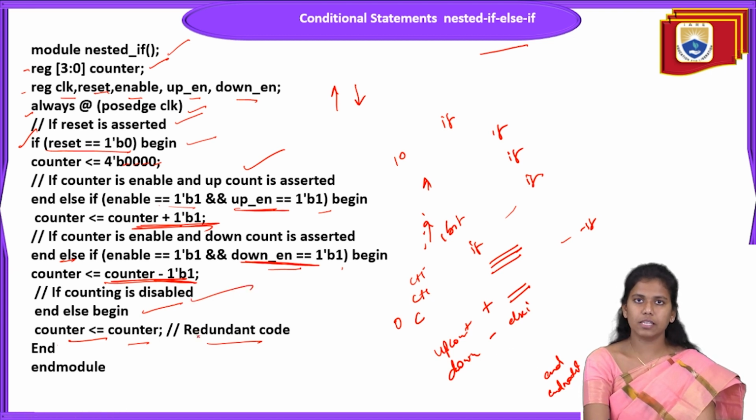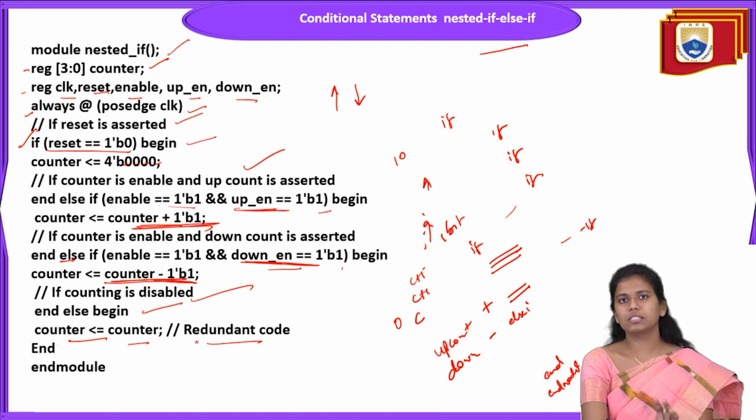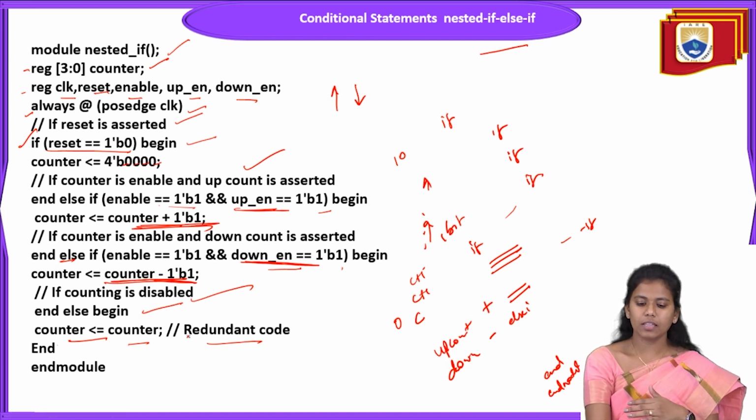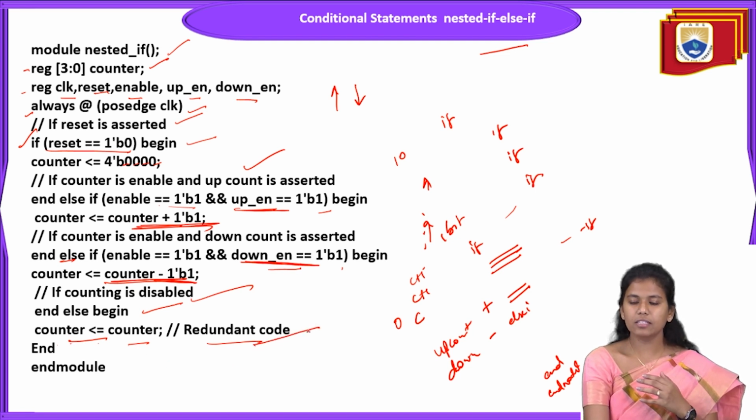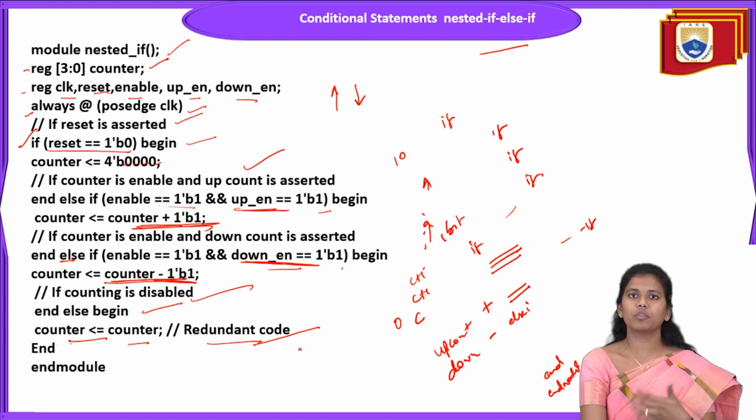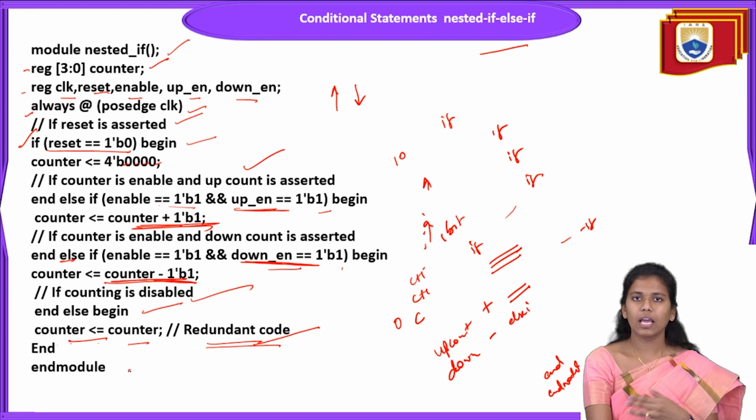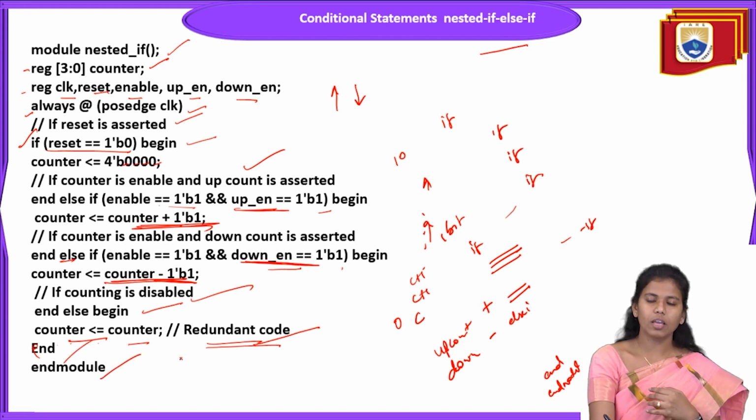When the counter is disabled, again we need to count it right from the starting. Then we see that counter less than or equals to counter. That means the redundancy code, the repetition of the bits will occur.